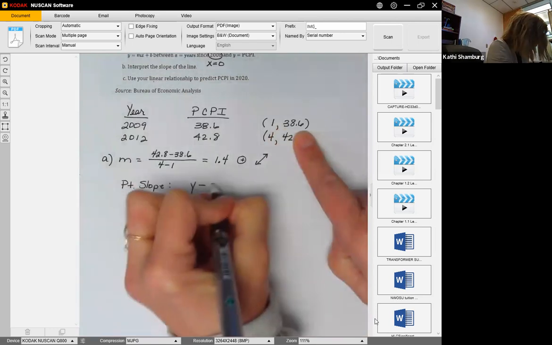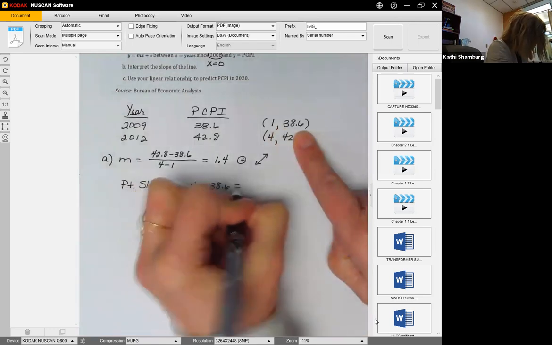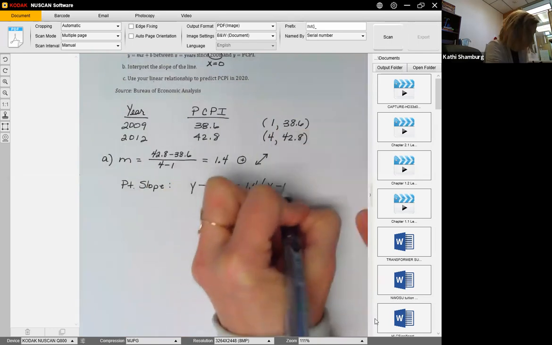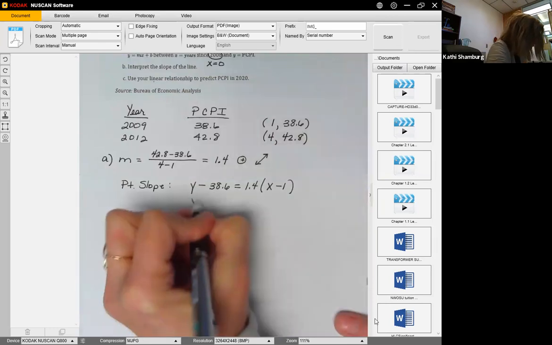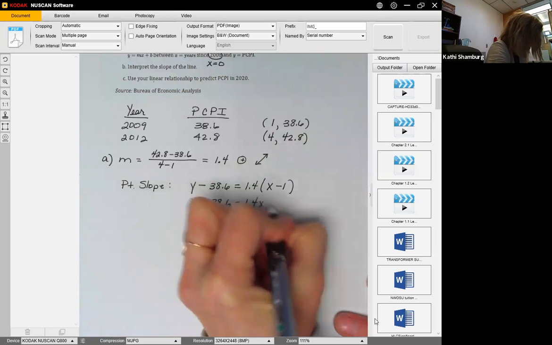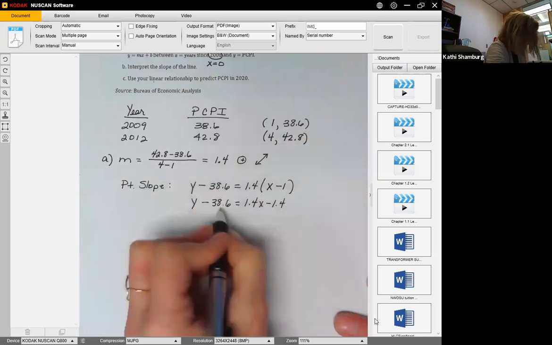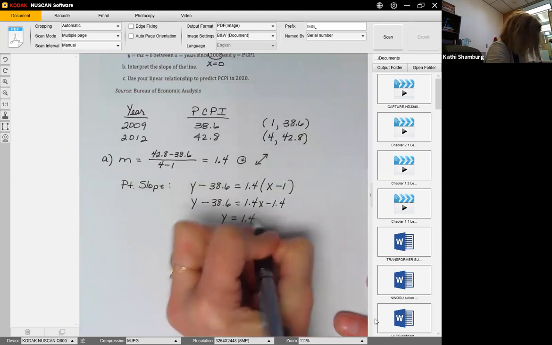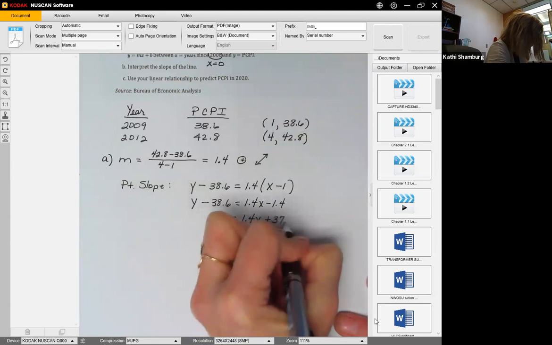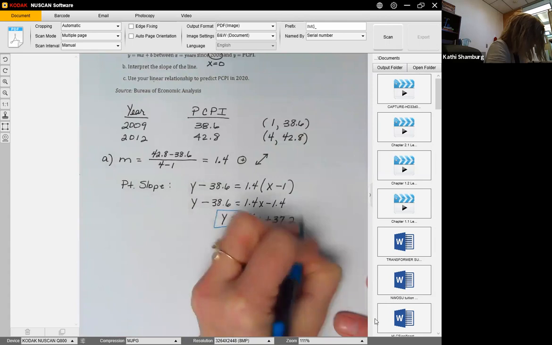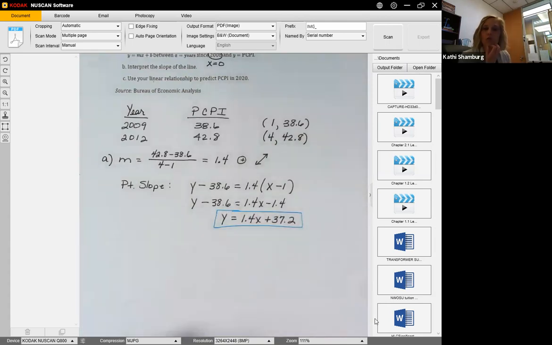So y minus 38.6 equals the slope we just calculated times x minus x1, which would be 1. So I'm going to solve this for y. I get 1.4x minus 1.4. I'm going to add 38.6 to both sides. So my linear equation in slope-intercept form is y equals 1.4x plus 37.2.